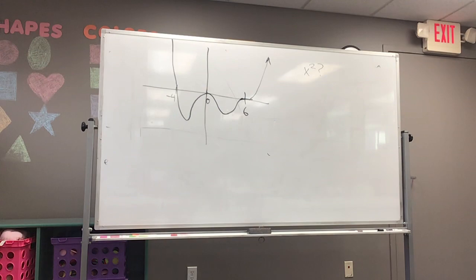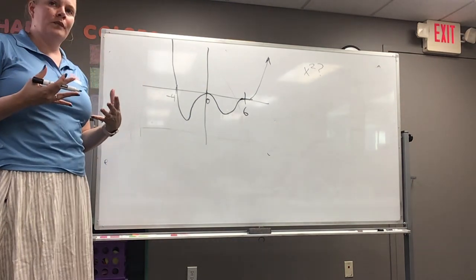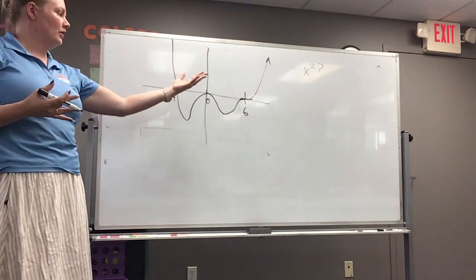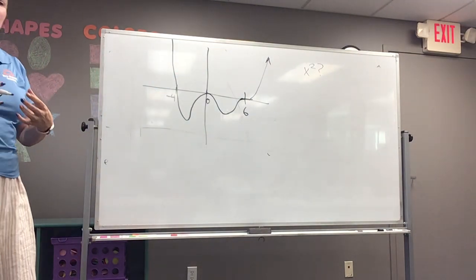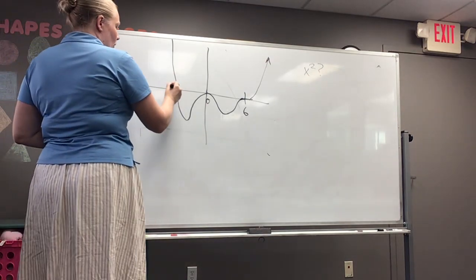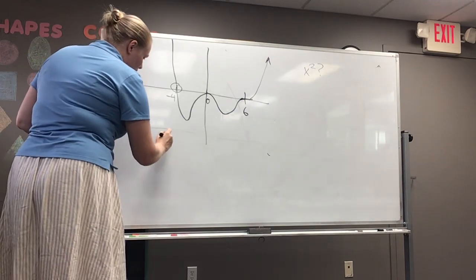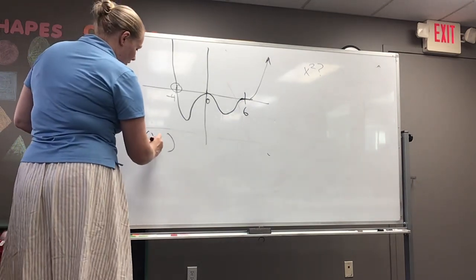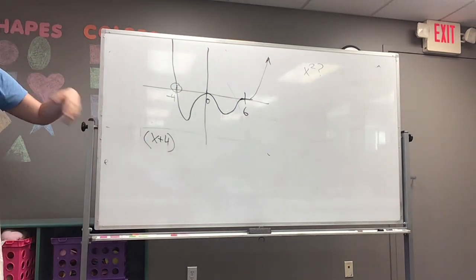So, the first thing that we need to remember is that every zero of a function is also a factor of that function. What I mean is, if this zero is at -4, one of the factors for our equation is going to be x plus 4, because -4 is what makes that factor 0.